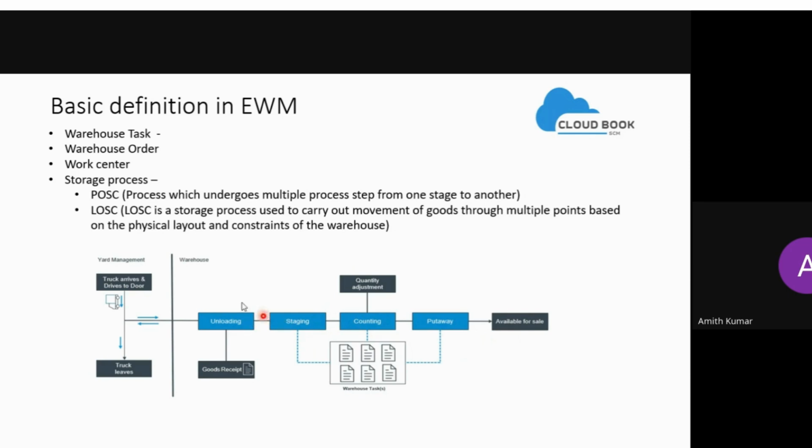So how can we automate it? We can automate it using a process called process-oriented storage control. It is a process which undergoes multiple process steps from one stage to another. If we configure this, if we map it in our system, then the system automatically tells the user what he needs to do.